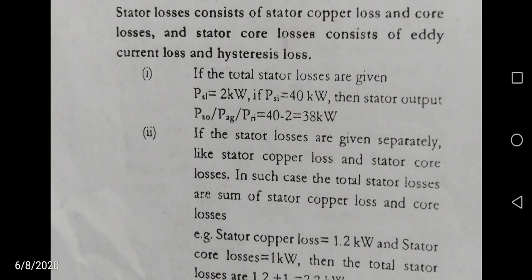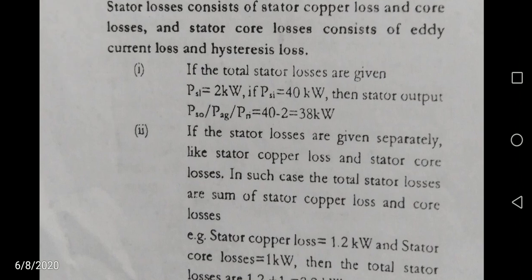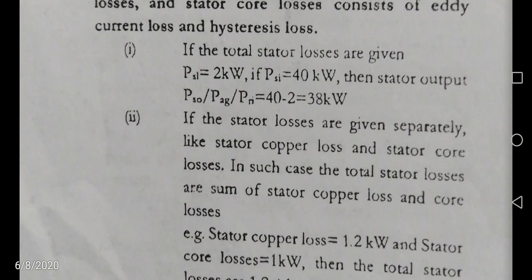PSL is the stator losses, PSI is the stator input power. PSL is the stator losses, 2 kilowatt. If PSI, the stator input, is 40 kilowatt, then the stator output power is 40 minus 2 equal to 38 kilowatt.